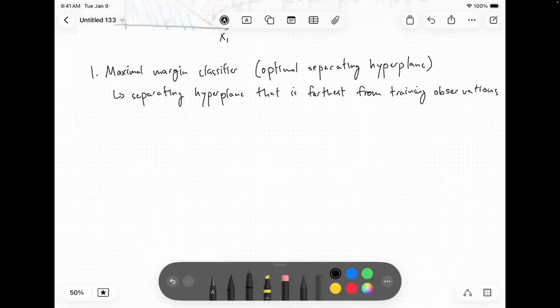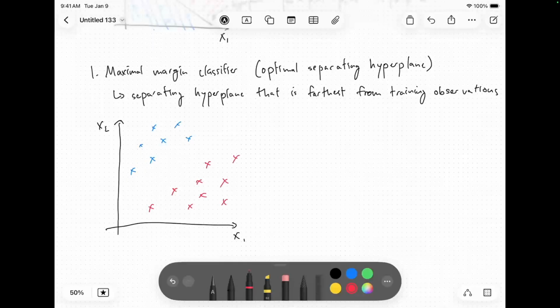Let's do another quick example here. I'm going to do my x1, my x2, just draw a couple of points out here, and then a couple of points over here. The whole idea is I want to draw a hyperplane that will separate these. So how many hyperplanes can I draw?